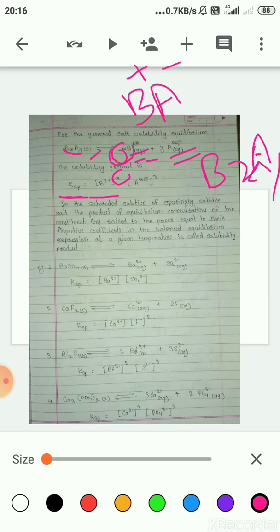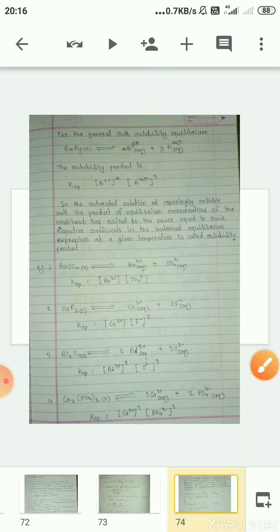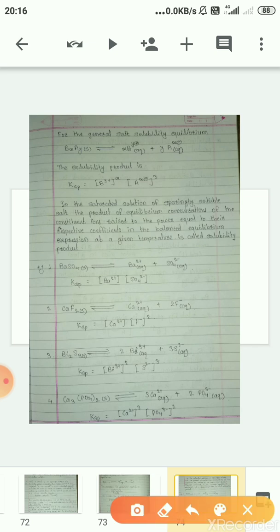Therefore, concentration of B^y+ raised to x into concentration of A^x- raised to y. Now to clarify this concept further, we are going to see different sparingly soluble salts for which we have to write down the Ksp or solubility product.